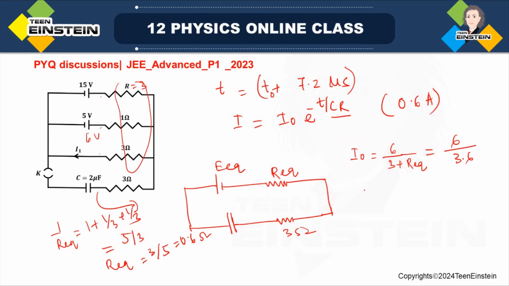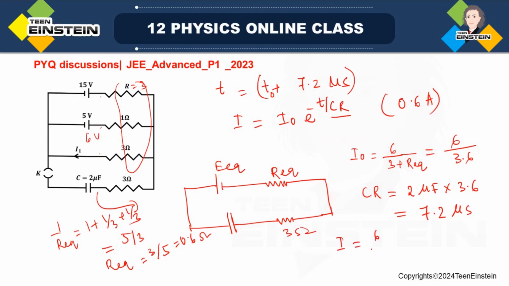Now what is this CR? C is 2 microfarad, and R is 3.6 ohm. So here also we get 7.2 microsecond. If we put this in this equation, look what we get.